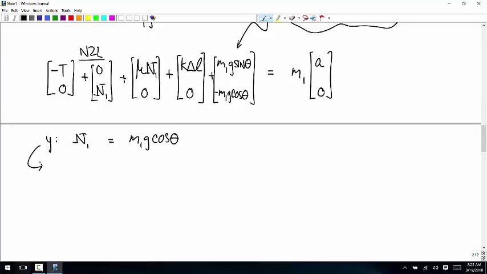Plug that into the x equation. You get negative T plus mu m1 g cosine theta plus m1 g sine theta is equal to m1 a.